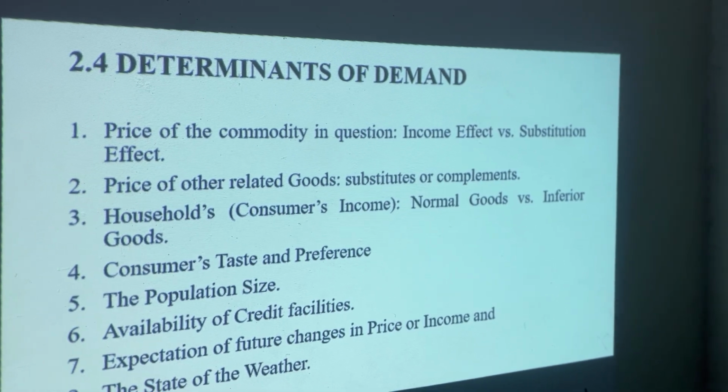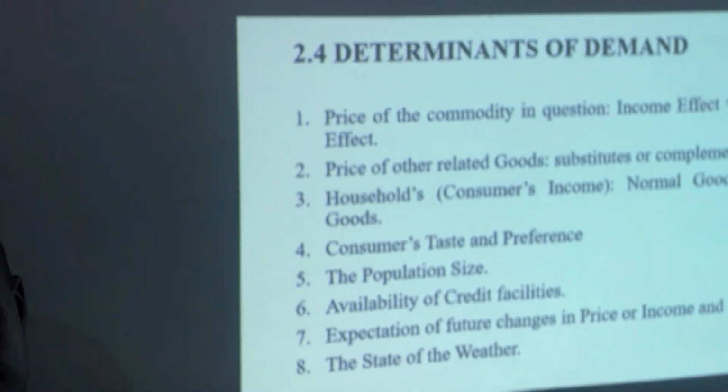And then the next factor is prices of other related commodities. And here we distinguish between substitutes and complements. Substitutes serve more or less the same purpose. For instance, let's say pig milk and idle milk. These two commodities serve more or less the same purpose.